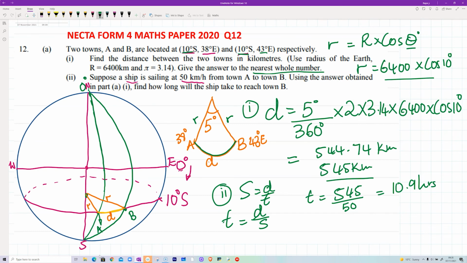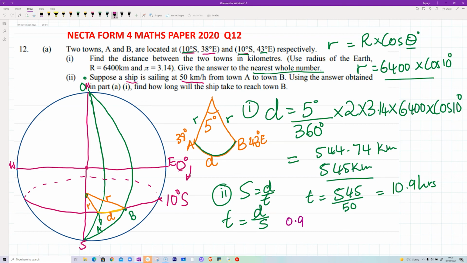It doesn't say you should give the time in minutes or seconds or decimals, but I'm going to change the 0.9 so we can give the time in hours and minutes. So we know that's 10 hours and 0.9 of an hour. Let's convert that into minutes.